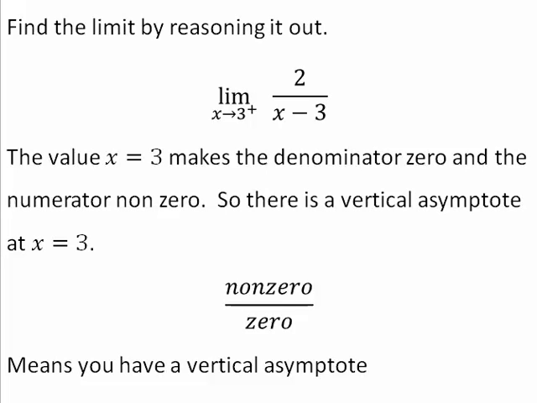So if I have a vertical asymptote at 3, then as x approaches 3, from the right or from the left, I know that my answer will be either infinity or negative infinity. So the question becomes, which is it? Will it be positive infinity or negative infinity?